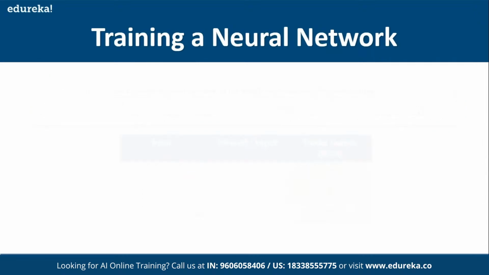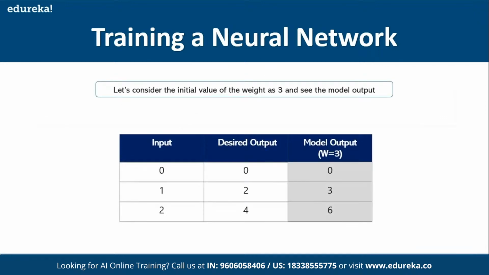Now, to train a neural network, first we give a starting weight. I give a weight of 3, w equals 3. With this weight I multiply my input: 3 into 0 is 0, 3 into 1 is 3, 3 into 2 is 6. Therefore my first model output with weight 3 is 0, 3 and 6.